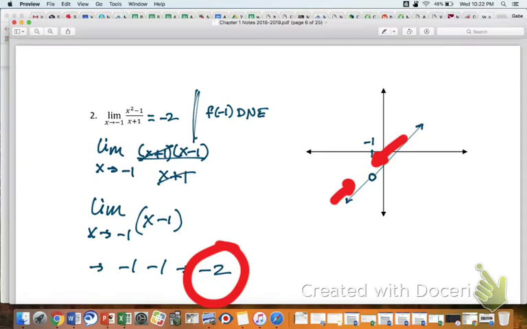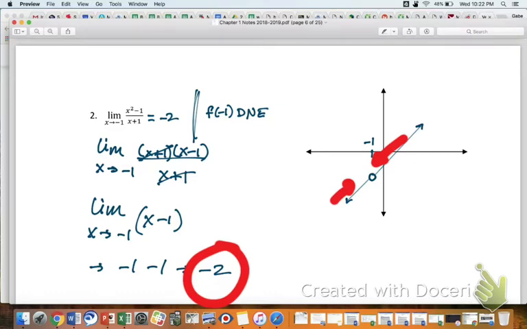What matters is the behavior. We're simply looking for what's happening from the left, what's happening from the right. And in this case, the answer to both of those questions is -2, even though the function itself didn't exist at -1. This is an example of a function that is not continuous, whereas the function in number 1 was continuous.